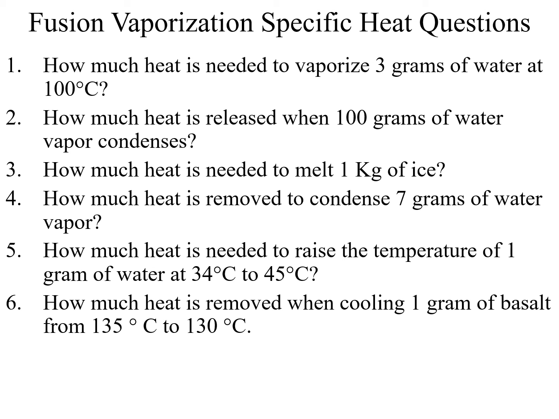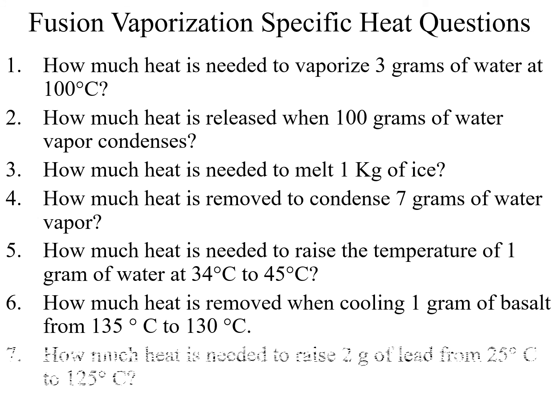How much heat is removed when cooling 1 gram of basalt from 135 degrees Celsius to 130 degrees Celsius? Well, you're only cooling by 5 degrees Celsius, and it's only 1 gram, so 5 times, well, what is the specific heat of basalt? 0.84 joules. So 5 times 0.84 joules would give you that answer.